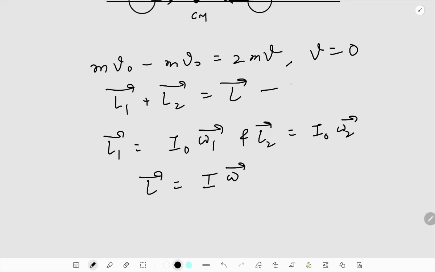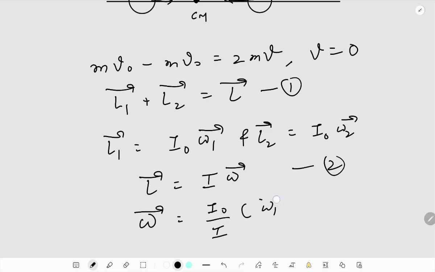Using these two equations, you can see here that omega is simply I naught by I times (omega 1 plus omega 2).